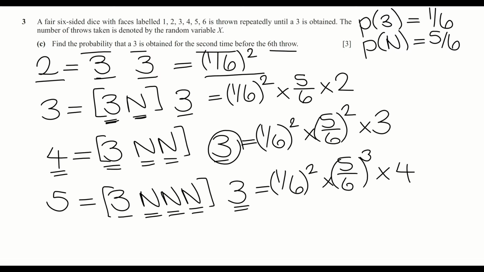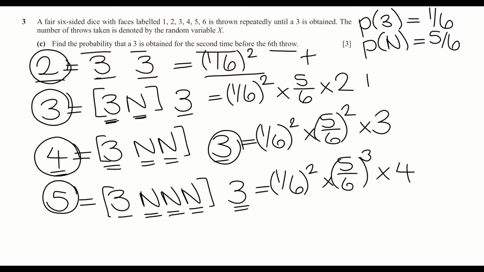But the question is asking us to find the probability that a 3 is obtained for the second time before the 6th throw. It could be obtained on the second throw, or the third throw, or the fourth throw, or the fifth throw. That means that now we need to add these values together. Because of all the brackets, I know that 1 over 6 squared is 1 over 36.